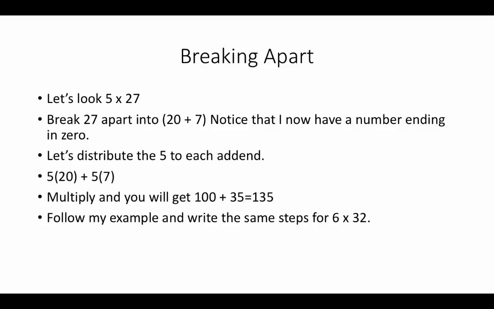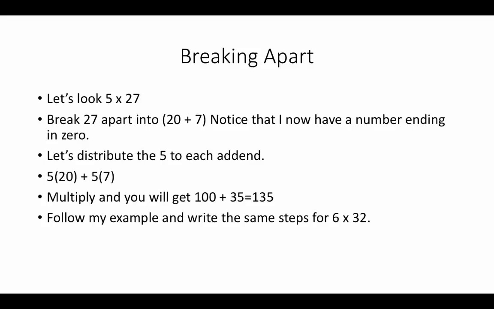And I have to have those parentheses, or it would look like 520 plus 57, and that's not our original problem. So when we multiply, we do 5 times 20 and get 100, and we do 5 times 7, 35, and we get 135. If we can break that down in our head, we can do 5 times 27 mentally fairly quickly.